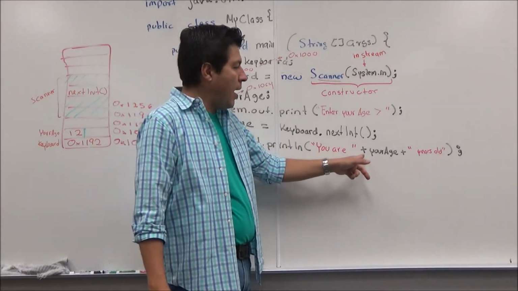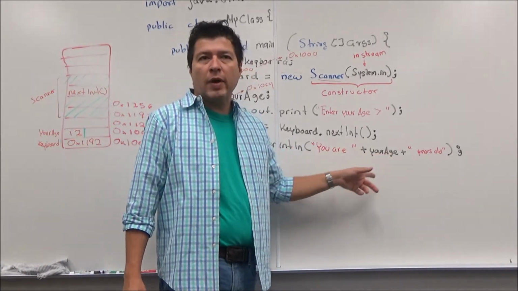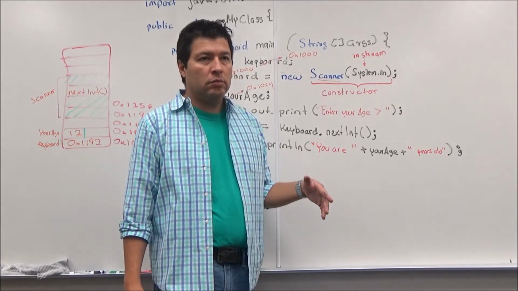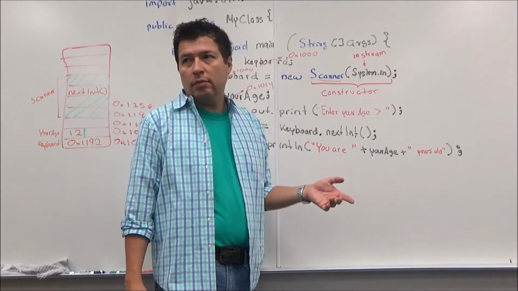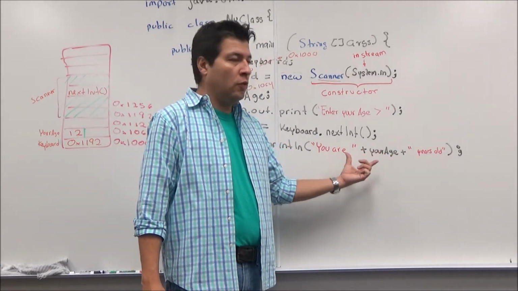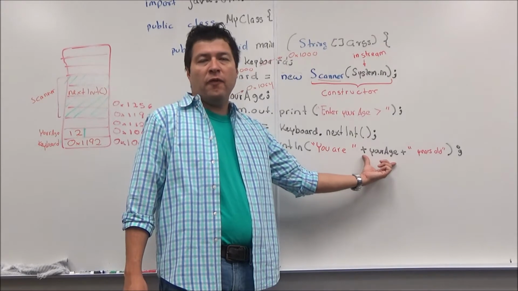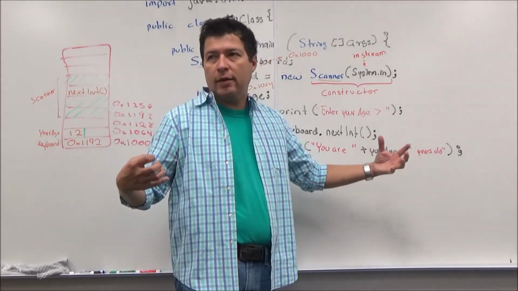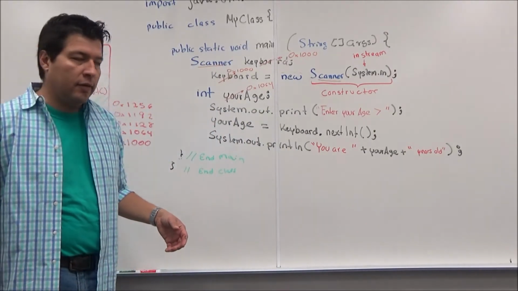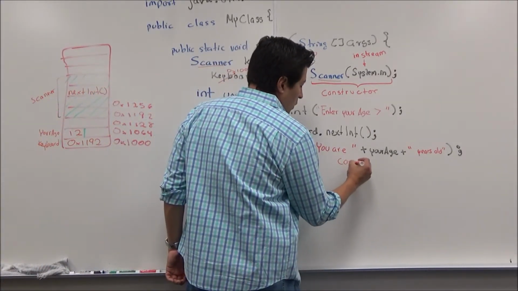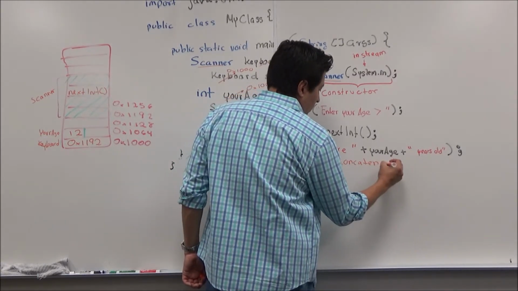And here I'm using the plus signs to add a number to text. I can't do that. So when the computer sees this, it assumes this is going to be converted into text, and then it adds text to text and just puts them together.